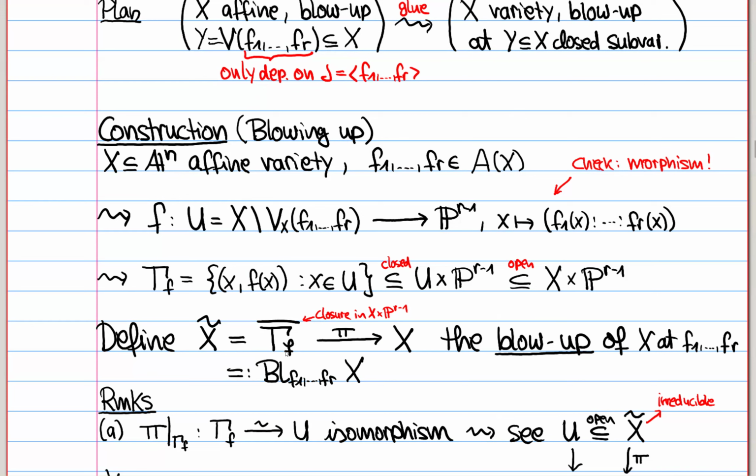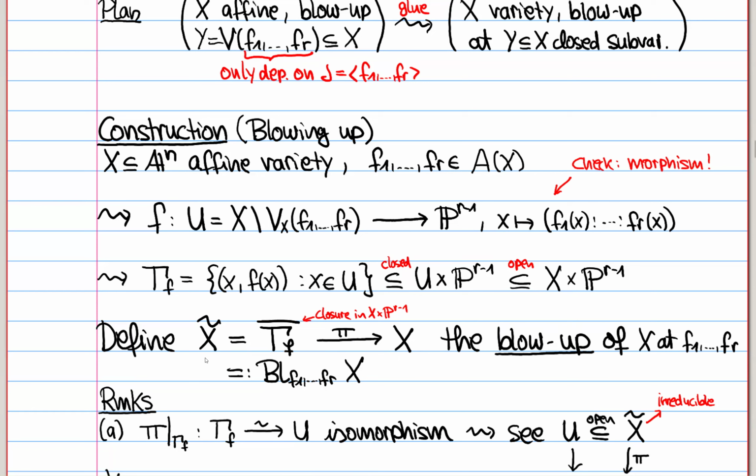So this gives us, of course, a closed subvariety here. And then note that, of course, this here has a morphism to X, which just projects to the first vector. And so we call the restriction of this projection map to this closed subvariety, we call it, again, pi. And so then this X tilde maps to X.